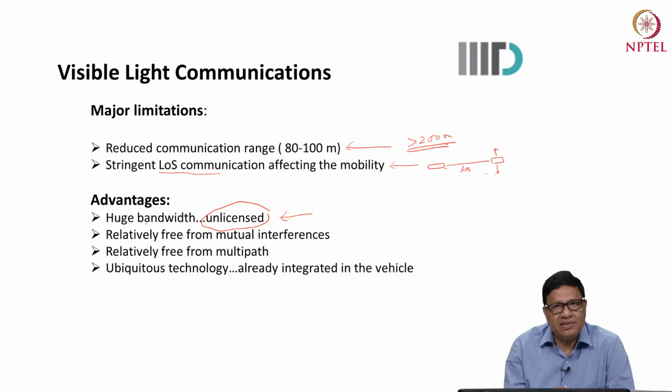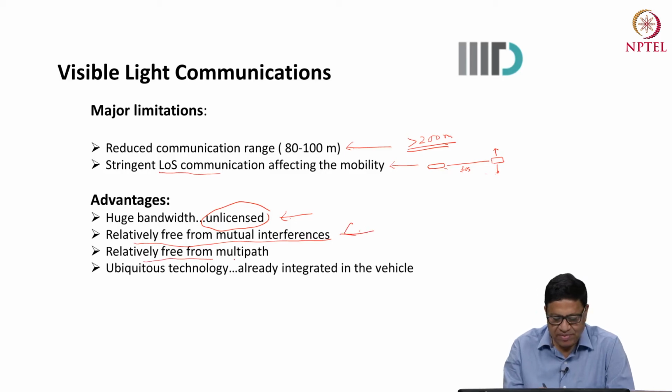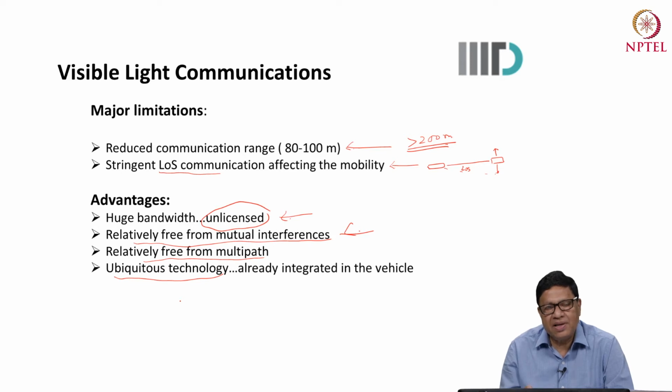Since it is a line of sight technology, it is relatively free from mutual interference, although there will be some light coming from other surrounding vehicles, but that amplitude is quite low. It is also relatively free from multipath, because it is essentially a line of sight technology, so the amplitude of the multipath is rather less here. And this is a ubiquitous technology. All the LED lamps and the tail lights are already part of the vehicle, already integrated in the vehicle. So these are some of the advantages of visible light communication.